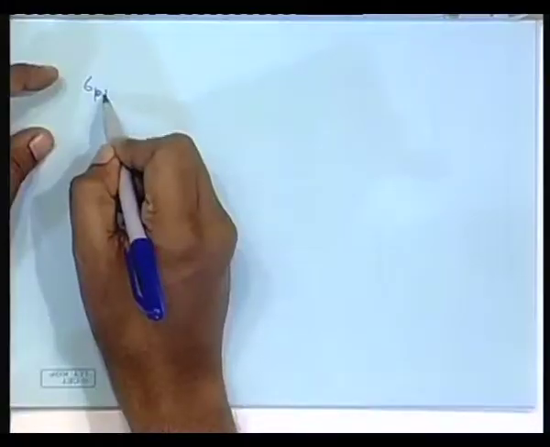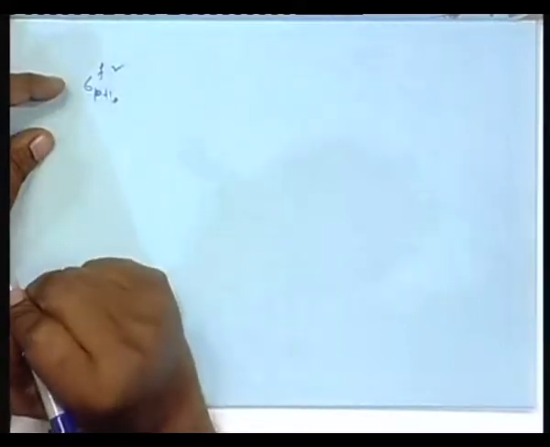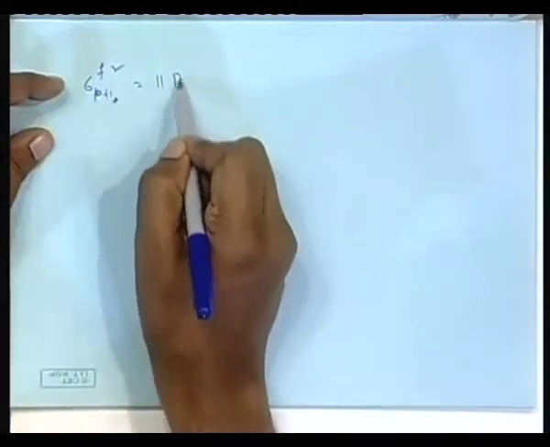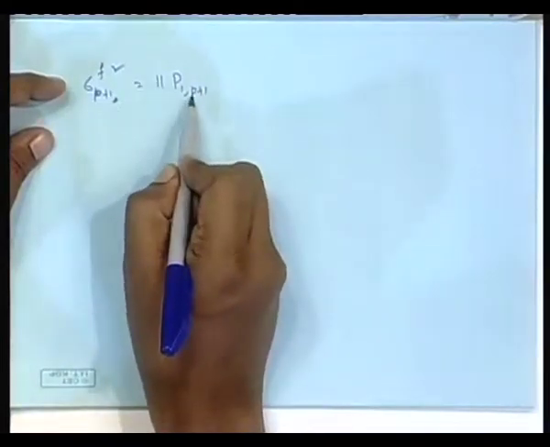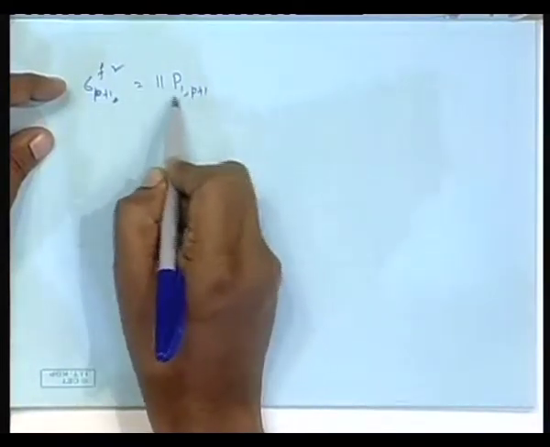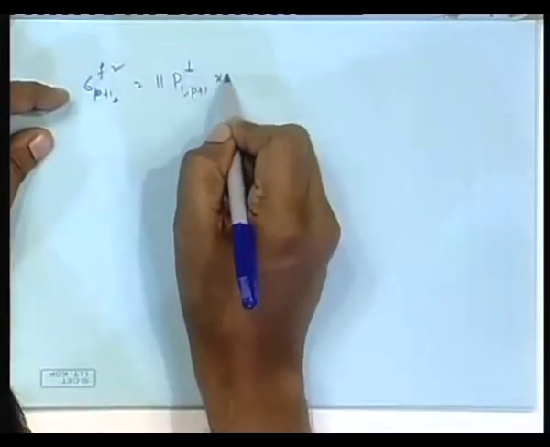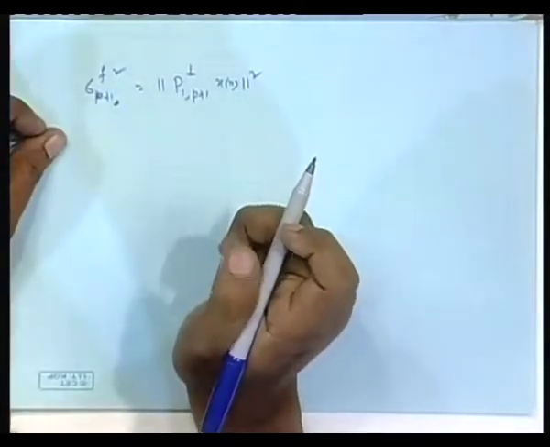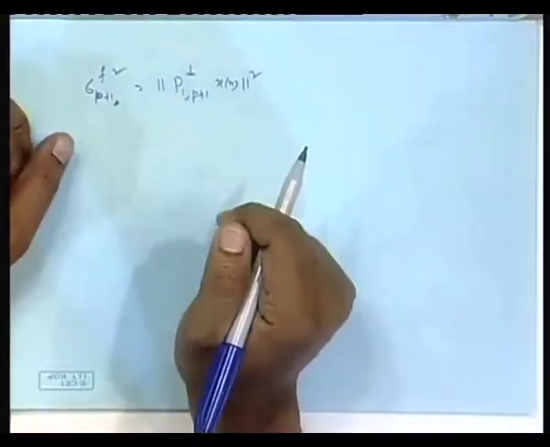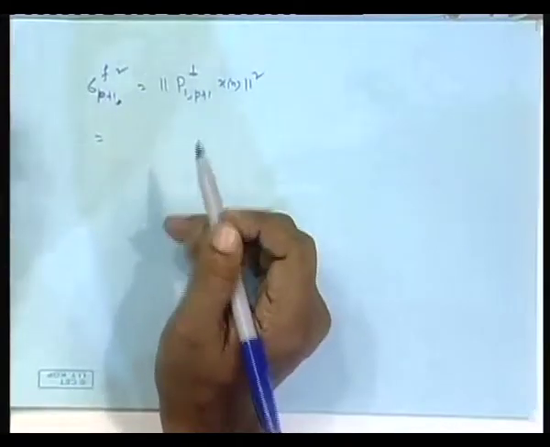So, sigma p plus 1 f square I want to find out. Now, what is that? That means forward prediction: x n minus 1 up to x n minus p minus 1, they are spanning a space, project on that, take the error, project the current guy, take the norm square. Now I have to bring in some beautiful linear algebra, the kind of thing that you are already used to.